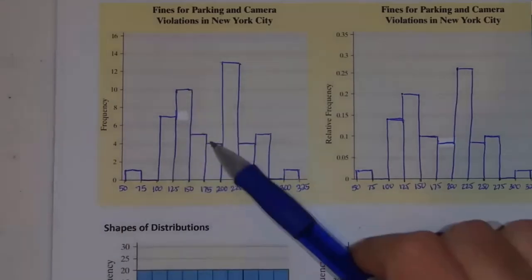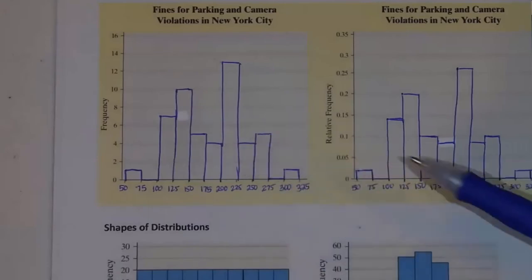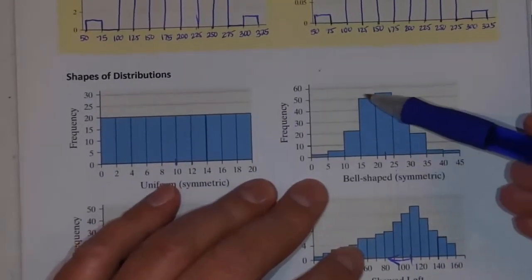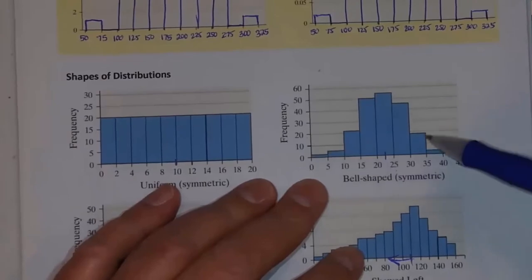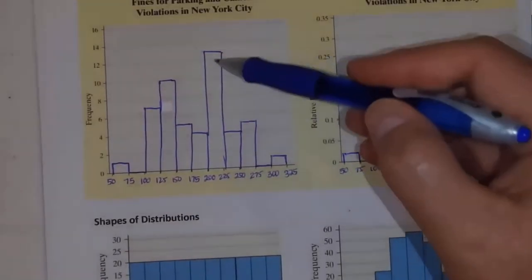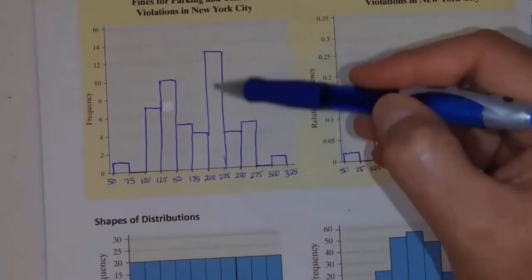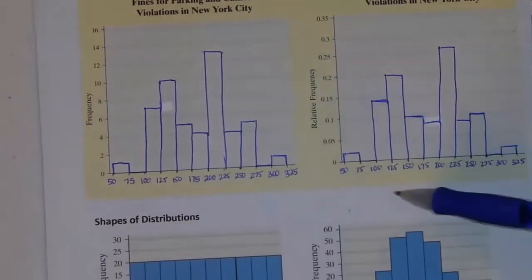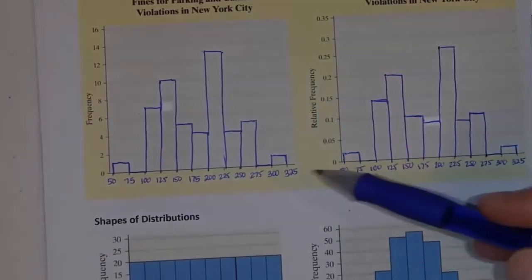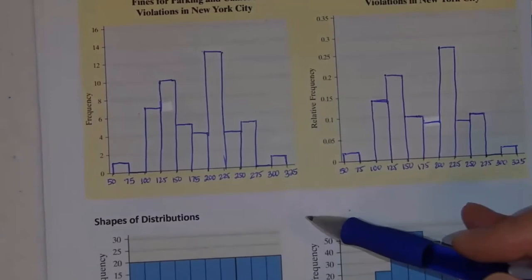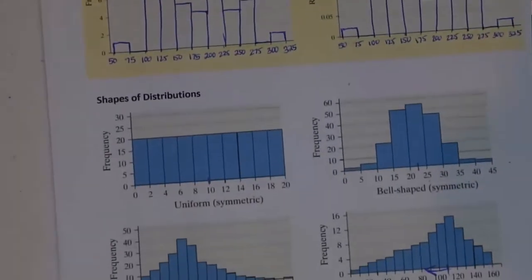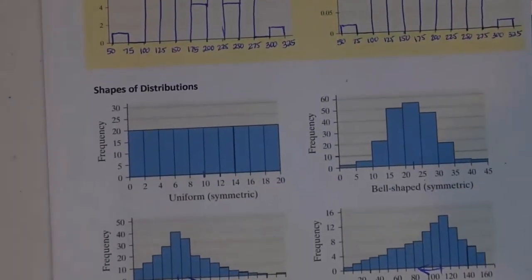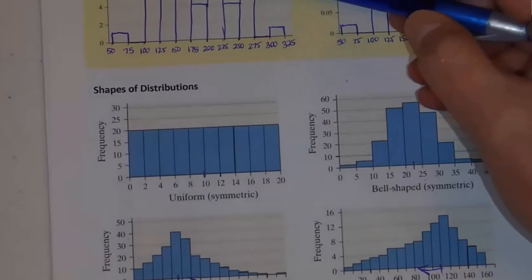With a bell shape, you have the tall bar in the middle and then it tapers off on each side. Well, we have this tall bar, it's not exactly in the middle and it doesn't exactly taper off on each side. So I'm not sure that I would call it bell-shaped, but of the four choices, that's probably the best description. It's certainly not uniform.